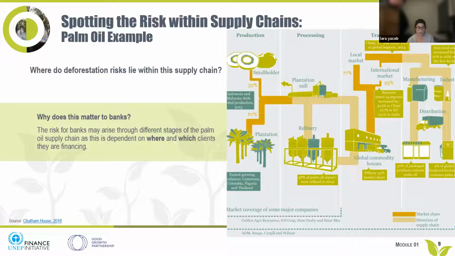And while deforestation is most associated with the production stage, risks can affect all downstream stages and actors. So we try to really hammer in the point that risk is complex, you need to be very aware of your supply chain, and geography is paramount. Next slide, please.